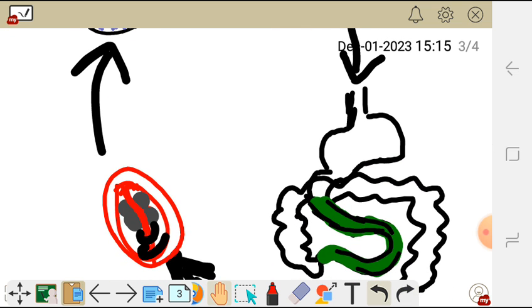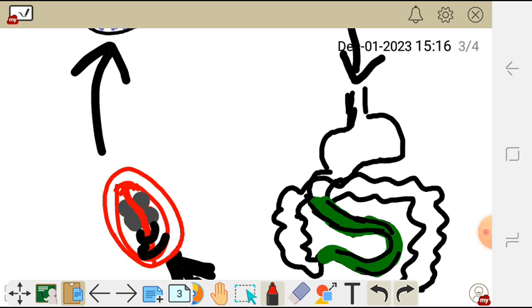Now in the stomach, the parasite is not destroyed due to the thick-walled cyst, which is also highly resistant. And in the duodenum here, excystation is going to take place, and 2 trophozoites are going to be formed for every one cyst. So from each cyst, 2 trophozoites are going to be formed.